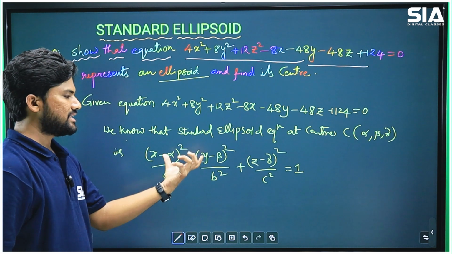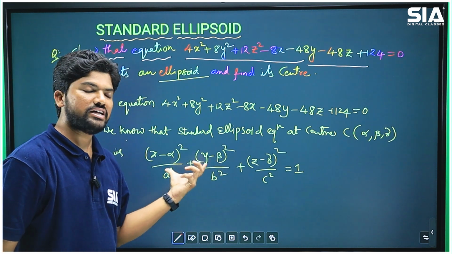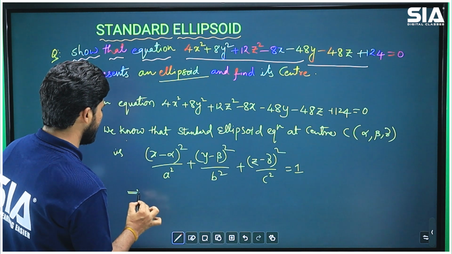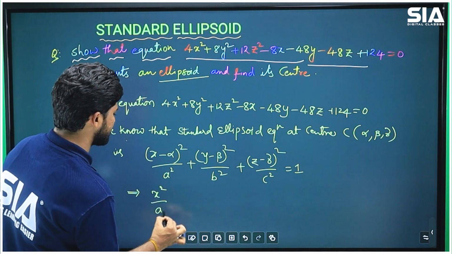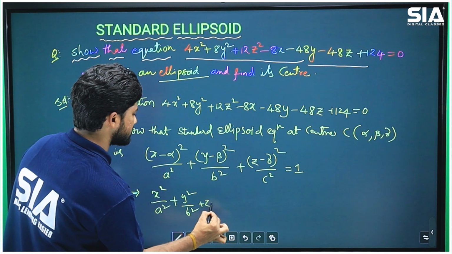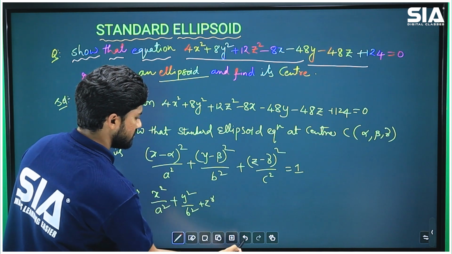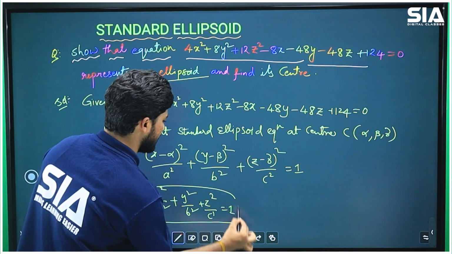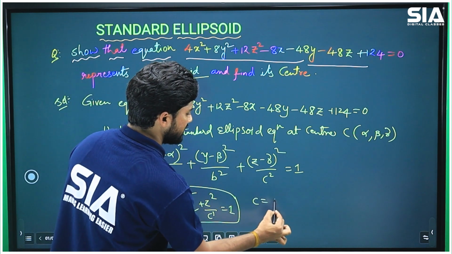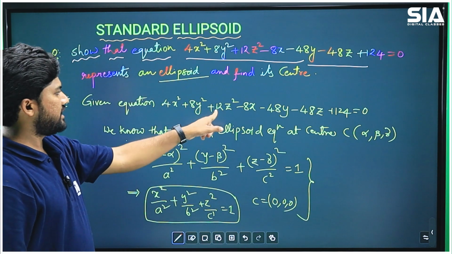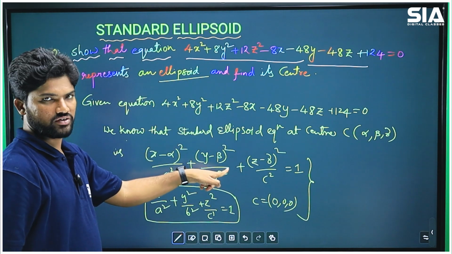This is called the standard ellipsoid equation, center at alpha beta gamma. And you know very well x square by a square plus y square by b square plus z square by c square is equal to 1 is also an ellipsoid equation, but with center at 0 comma 0 comma 0. That is the difference between them. Now this equation we have to convert into this form.